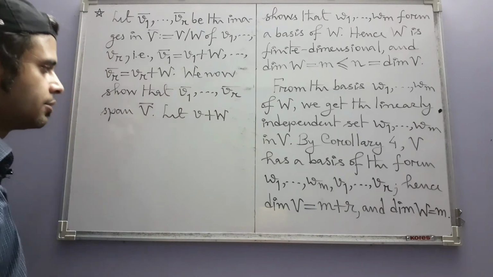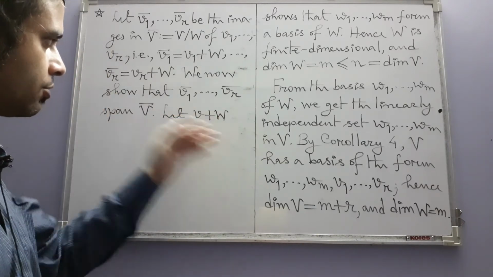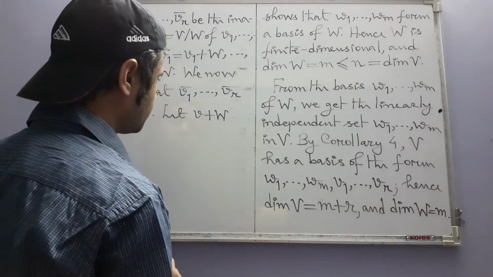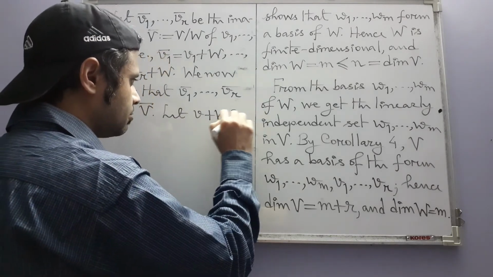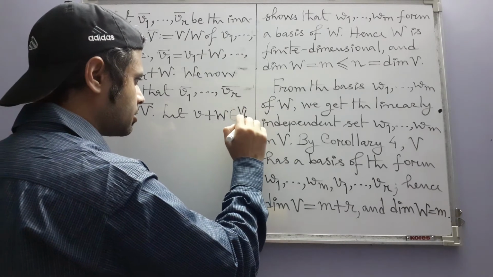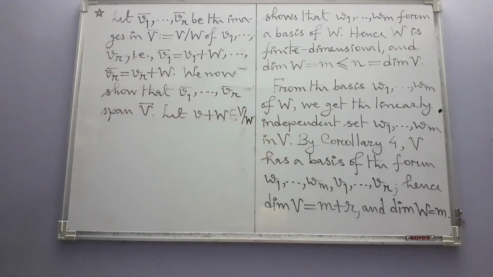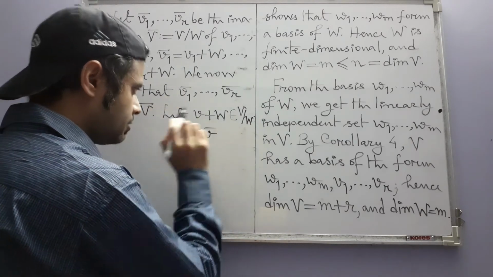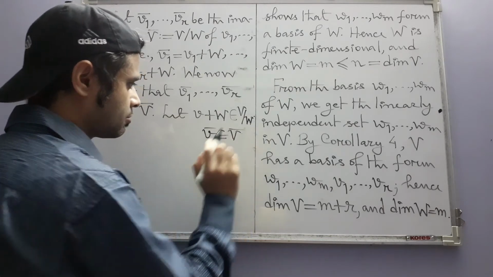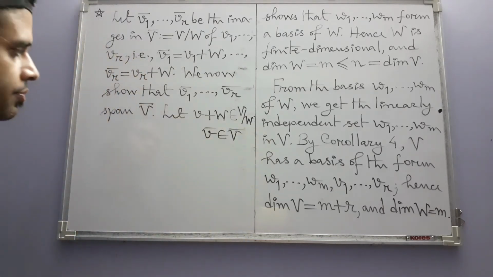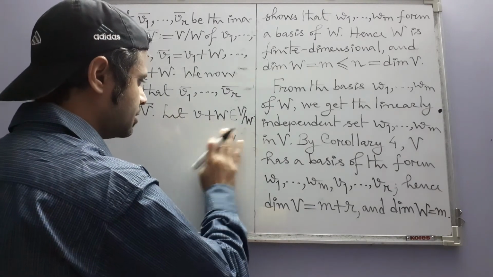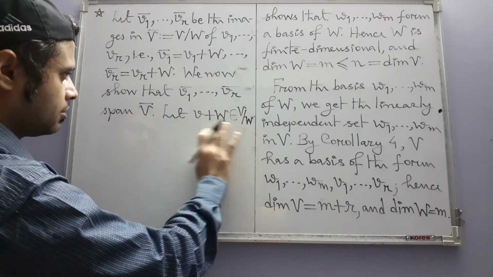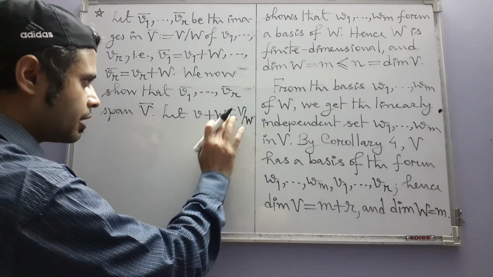We are, however, going to write everything for our own sake, for the sake of making things much more clear. So let this be any element in our quotient space V by W. The author, according to this short notation, would write this same thing like this. And you can understand the meaning of these short symbols, but we are still going to write it like this. So let this be any element in V by W.